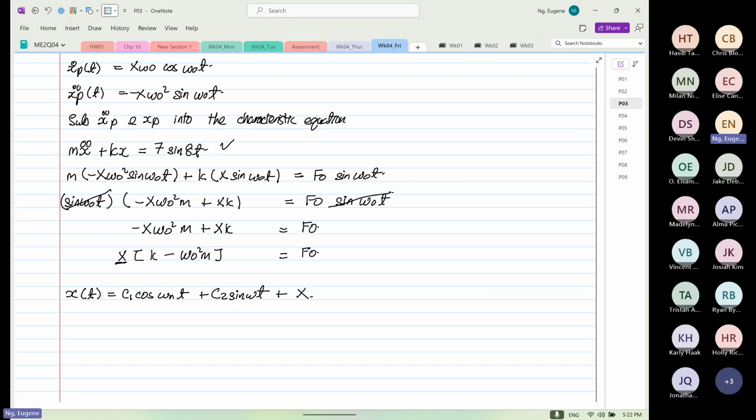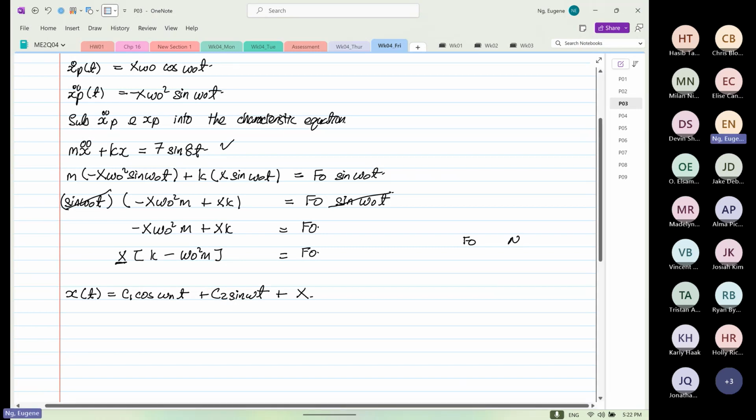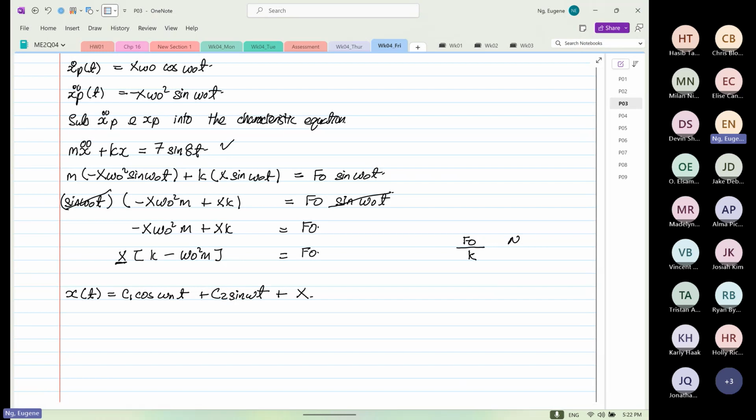So how to get the right-hand side to be equal to meter? Remember, we have F naught. This is in Newton, right? We want it to be equal to meter. So we need to divide by K. Am I right? We have to divide by K. So when we divide by K, this will be equal to Newton per meter.